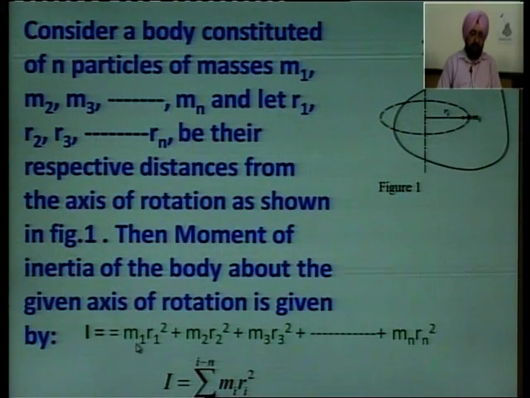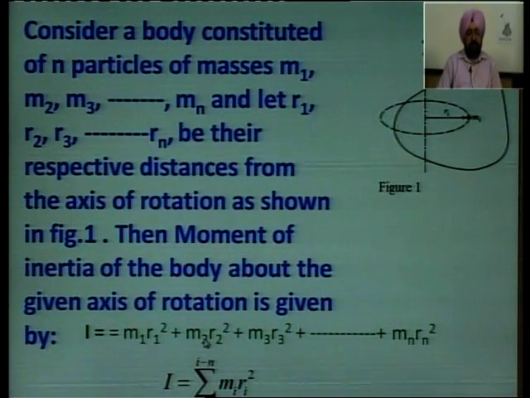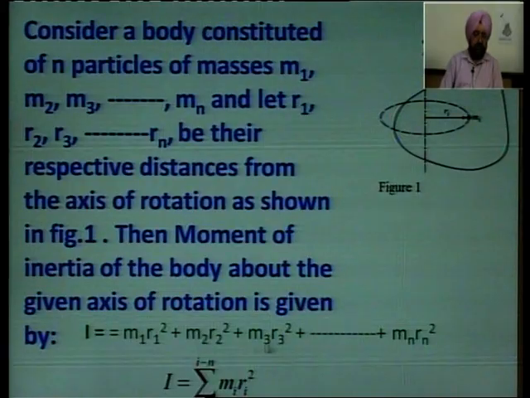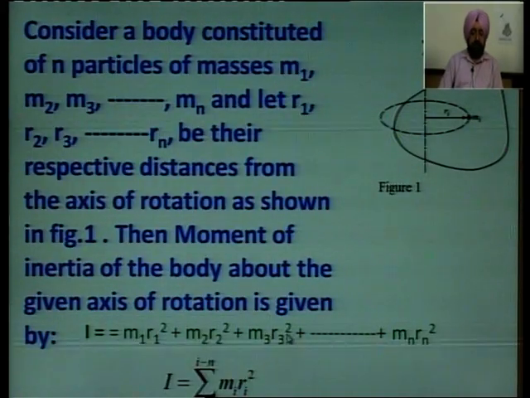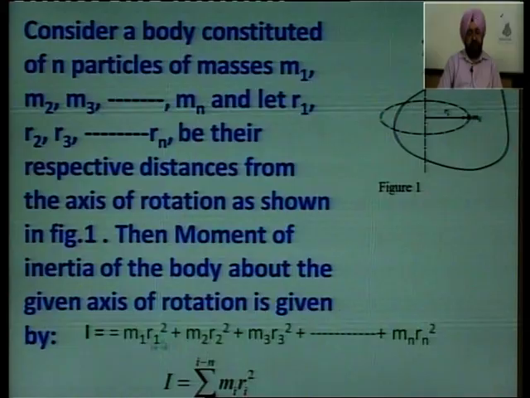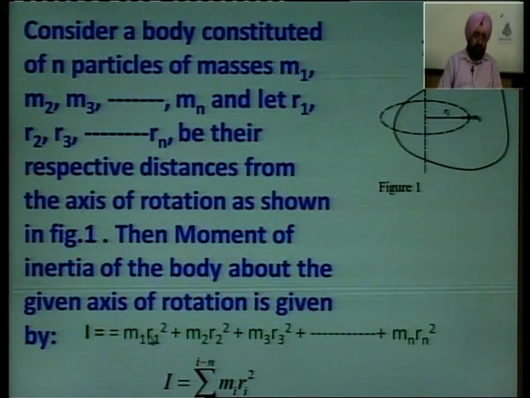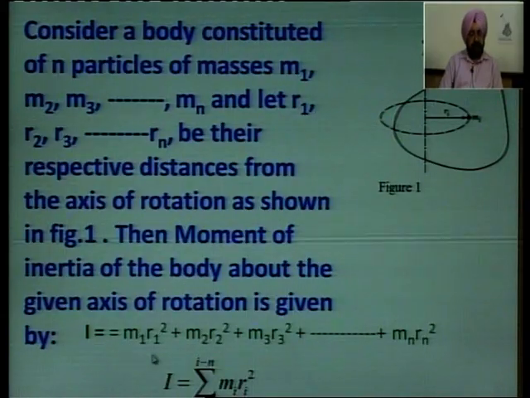You multiply the square of the distance of the first mass with the first mass, the square of the distance of the second mass with the second point mass, the square of the distance of the third mass with the third point mass, and you sum all these. So, it is the sum of products of what? Mass multiplied by the square of the distance.